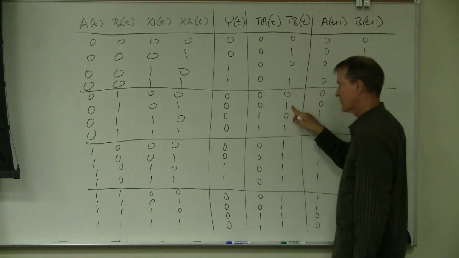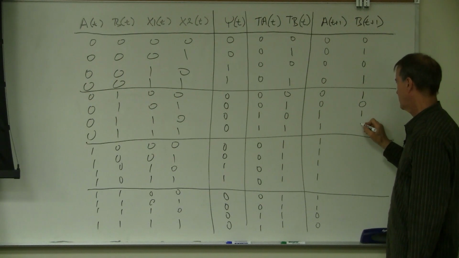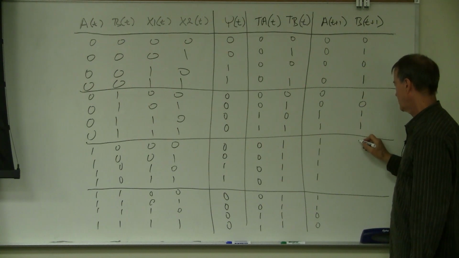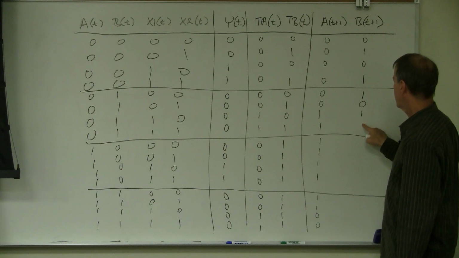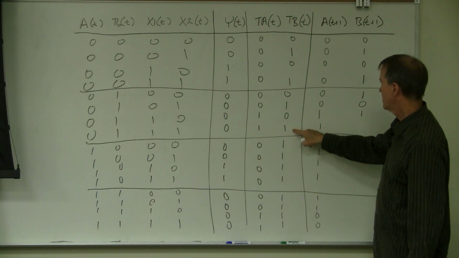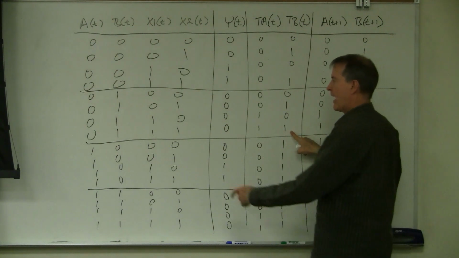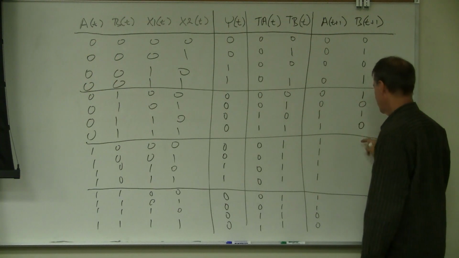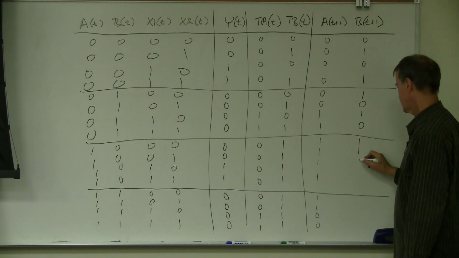Is everybody good? 0. 1. 1. For B, the input to the T flip-flop is 1, and the current state is 0. 1. 1.